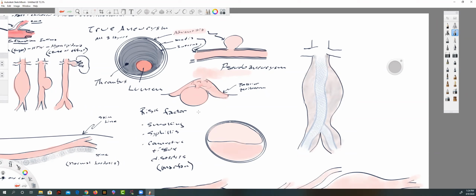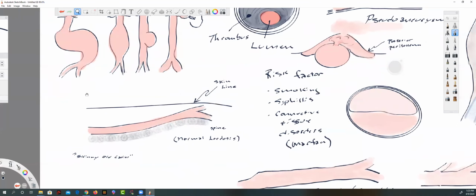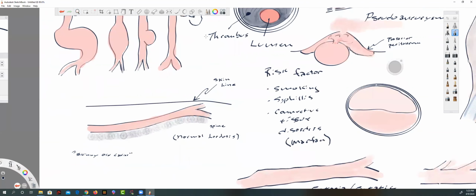Okay. The next thing I have written down is skinny old ladies. And skinny old lady is not going to be found in the book, but I've decided to. So a lot of times we get prescriptions in for a AAA, and I see this tiny little lady, usually a lady.